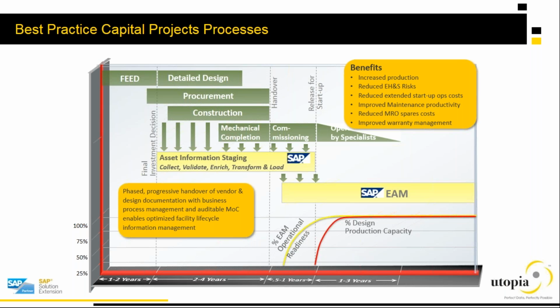This increases your production, reduces the H&S risks, reduces the startup costs, right? You're not necessarily going to have operating specialists in that program from the very get-go. That maintenance productivity goes up, and we talked a little bit about this. MRO spare part costs should go down.